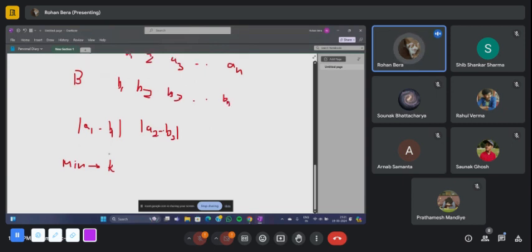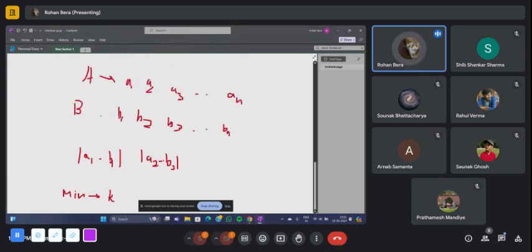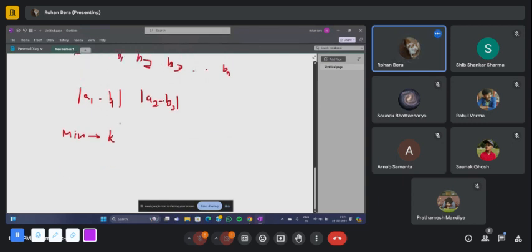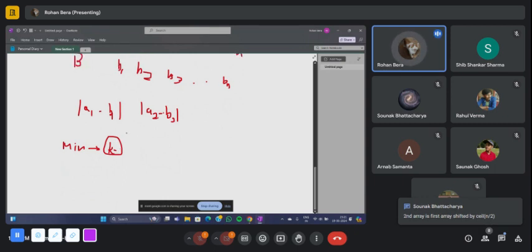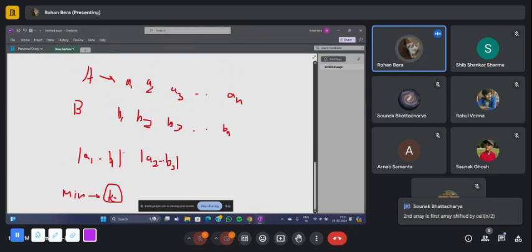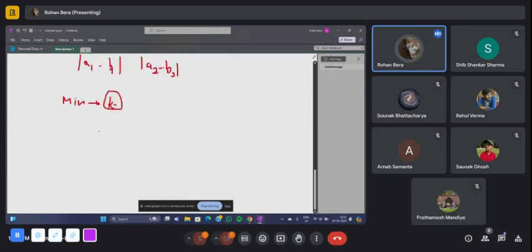Now I've been asked to arrange these two permutations in such a way that I can maximize this value of k. I have to make this value of k the maximum possible value for this particular set of numbers. Okay. So suppose I've been given the value of 5.